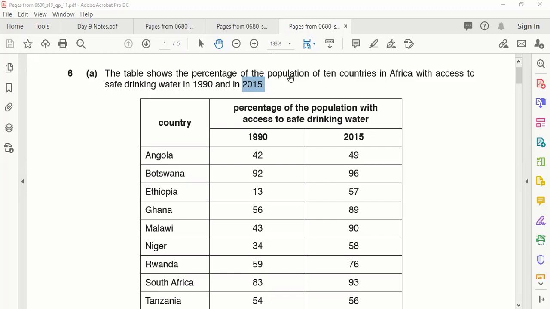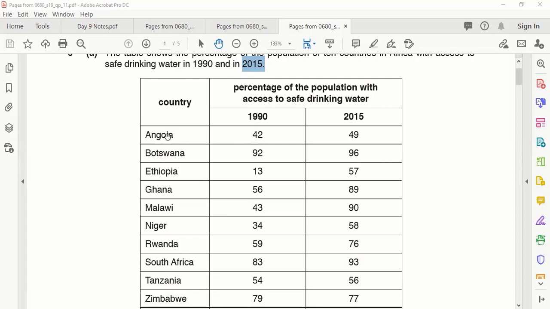they want to ask. For example, in the table they are giving the country names, and in 1990, Angola has only 42% of people with access to safe drinking water. But in 2015, it becomes 49%. It means the percentage of people who have access has increased.